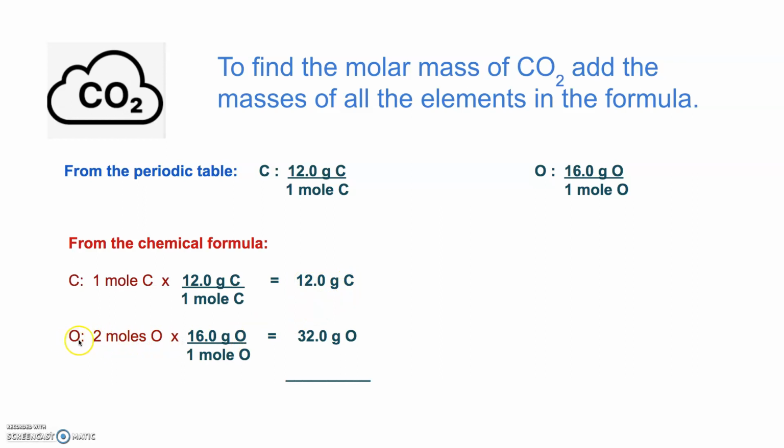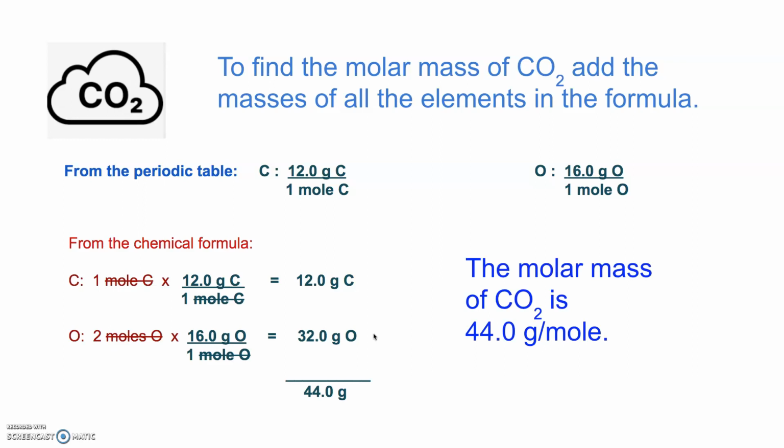And if we had that same single mole of CO2, it would have this many grams of oxygen in it. And when we add those two numbers of grams together, we get the mass of 1 mole of the entire compound. So the molar mass of CO2 is 44.0 grams per mole.